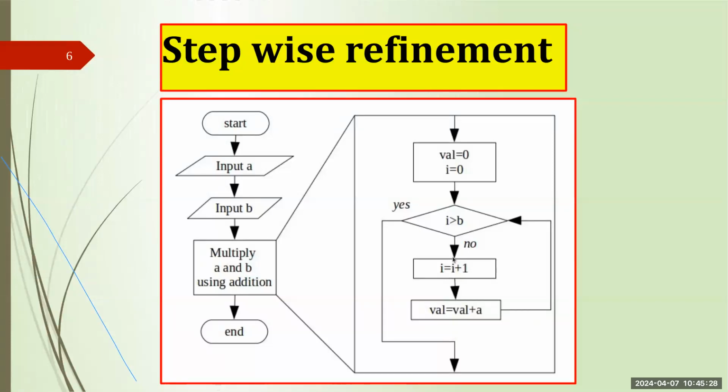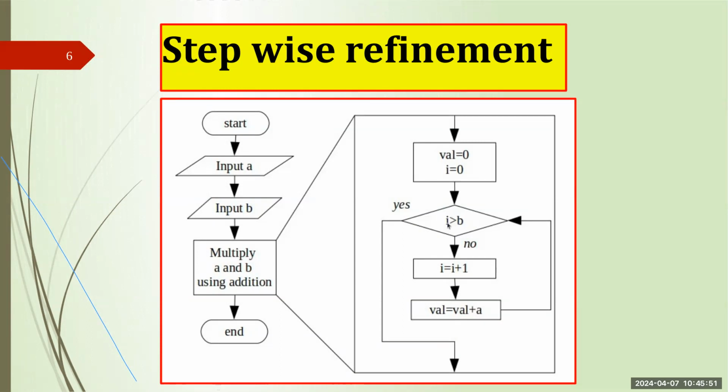Now next time I is 2. I is 2. Value is 2 plus A, which is 2 plus 2, 4. Then go back to here, and then check whether I is now 2.